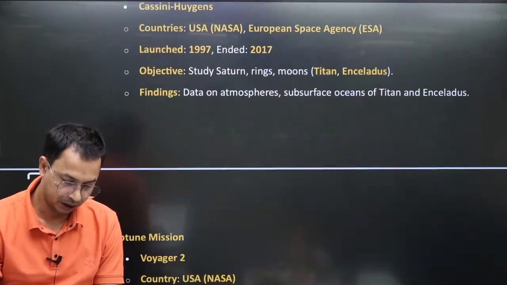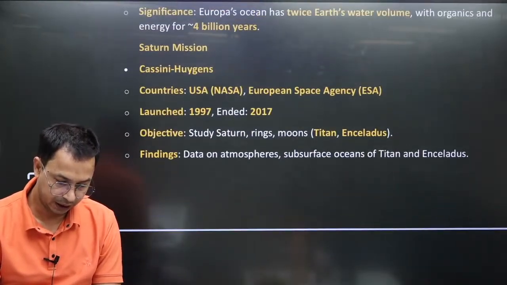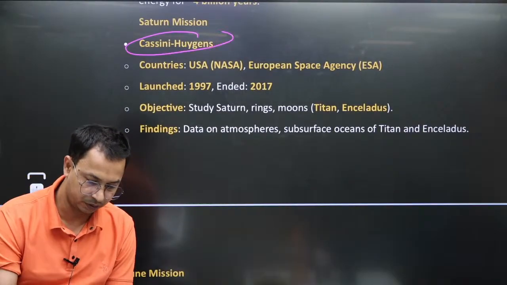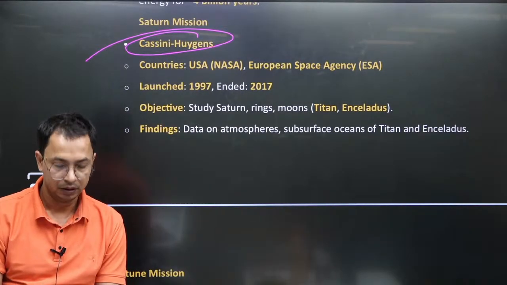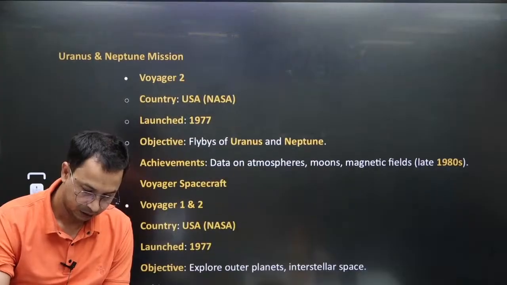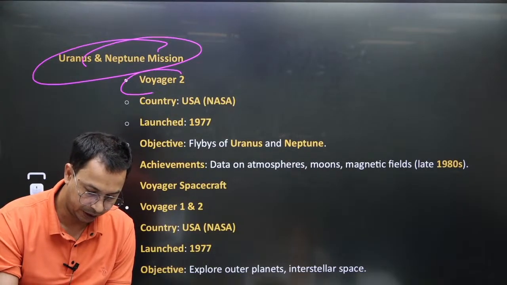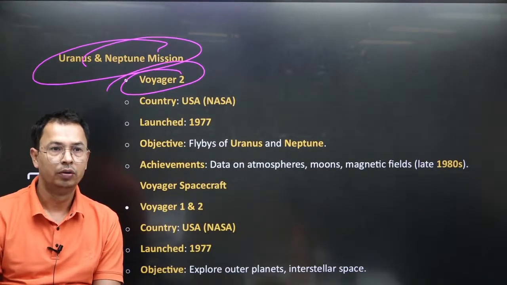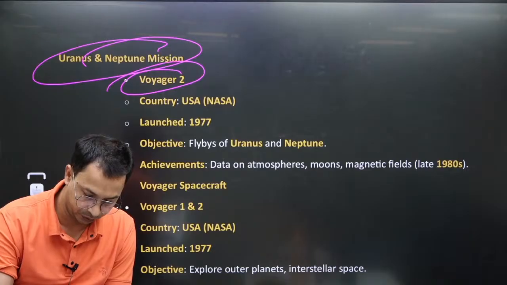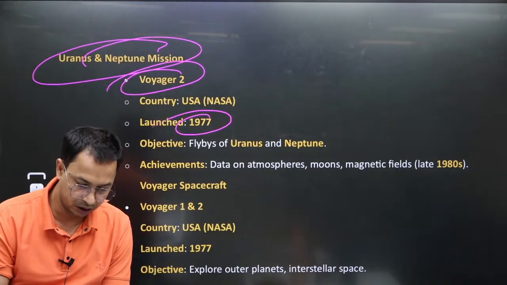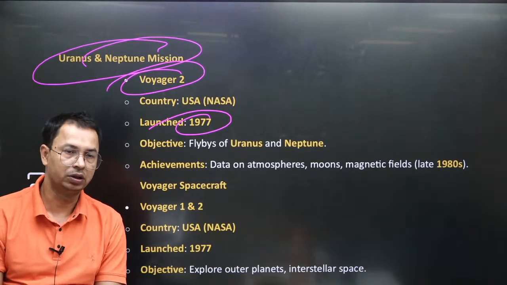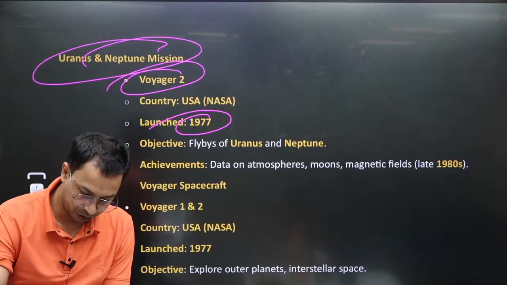to study Europa. Then there is one mission, Cassini-Huygens, it was for Saturn. Then for Uranus and Neptune, we have Voyager 1 and Voyager 2. Listen, Voyager 1 and 2 were launched in 1977 to study Uranus and Neptune.